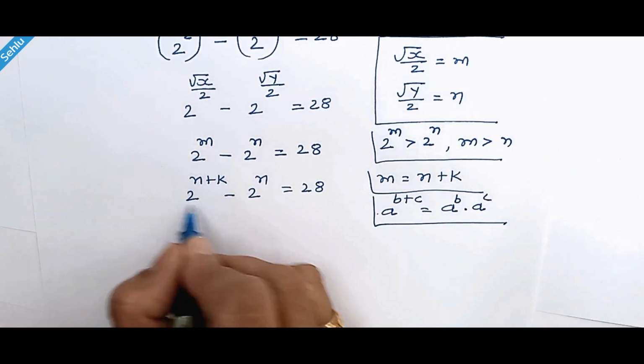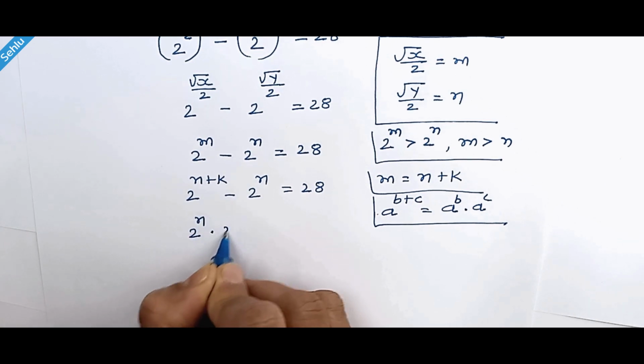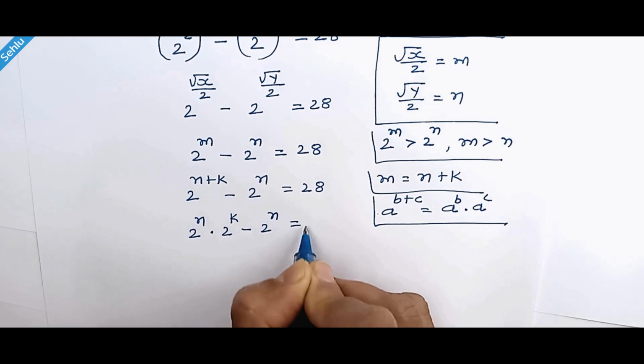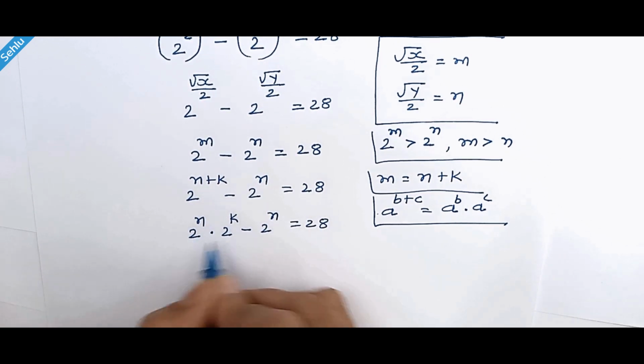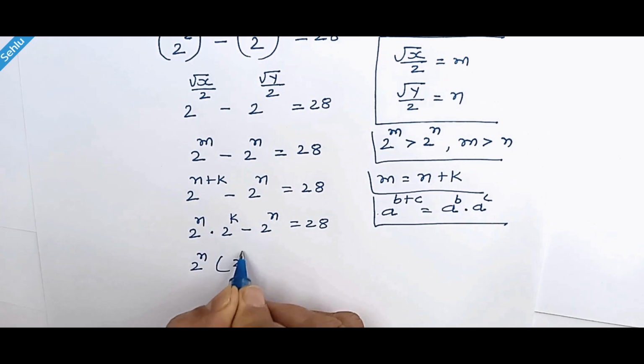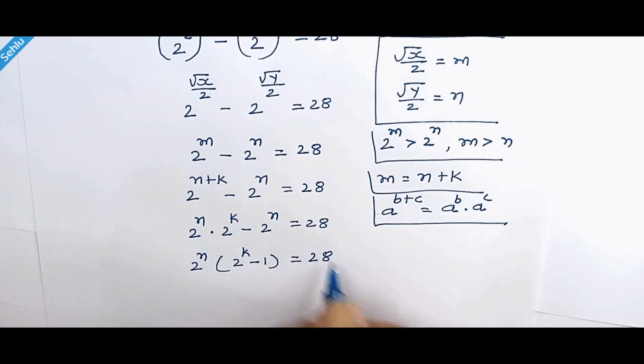According to this rule, this part can be written as 2 raised to n times 2 raised to k minus 2 raised to n is equal to 28. Now we can factor out 2 raised to n from here. So it will be 2 raised to n times (2 raised to k minus 1) is equal to 28.